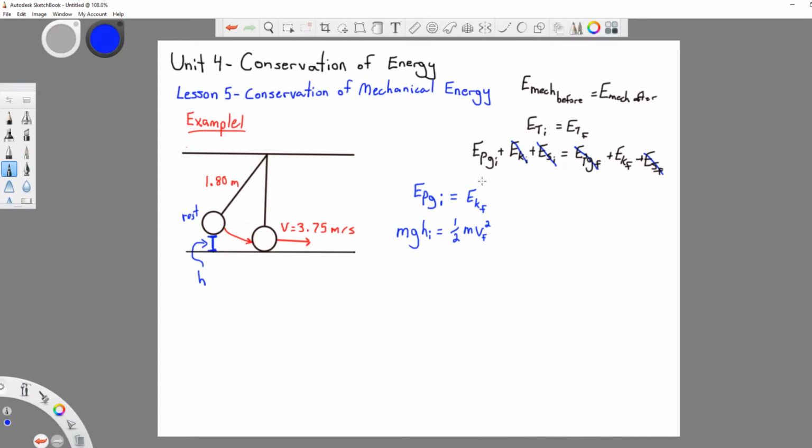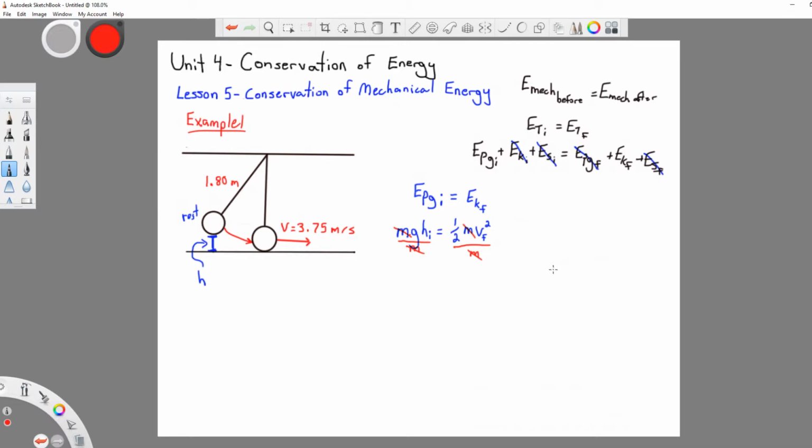Well, it's not so bad, because what you may notice here is, because both terms have mass, we can divide both terms by mass. Now you can only do this if every single term in your equation has mass. But if it does, we can cancel it out of both sides, like we can do here, and mass is irrelevant in this case.